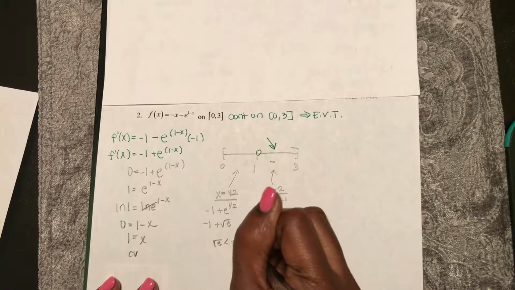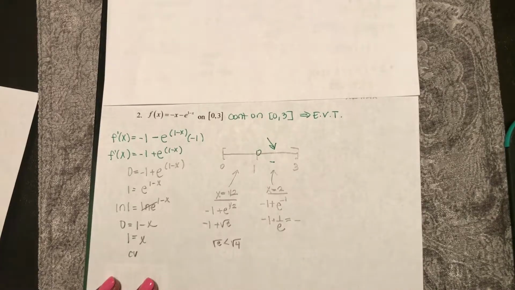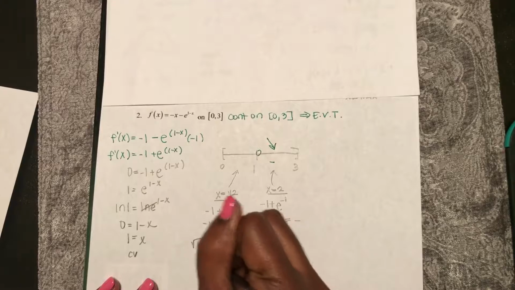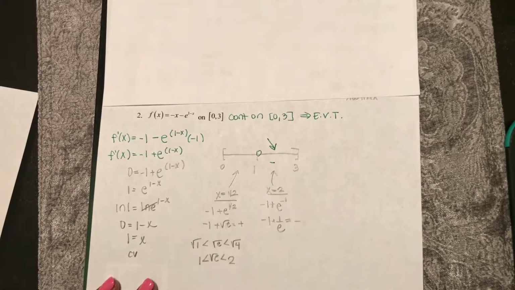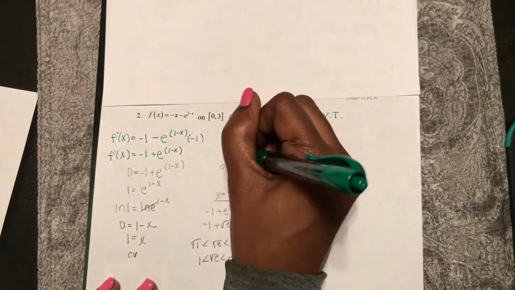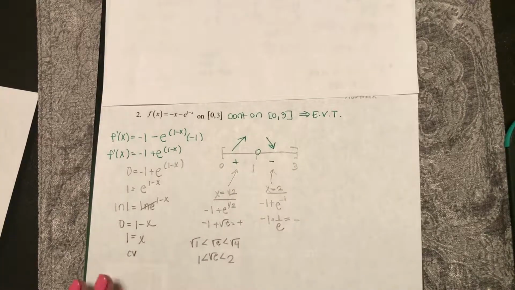Square root e is going to be between square root 1 and square root 4, because 2.71 is less than 4, so it is between 1 and 2. So it's greater than 1. So -1 plus a number greater than 1 is going to be positive. So my function's positive. It's increasing.